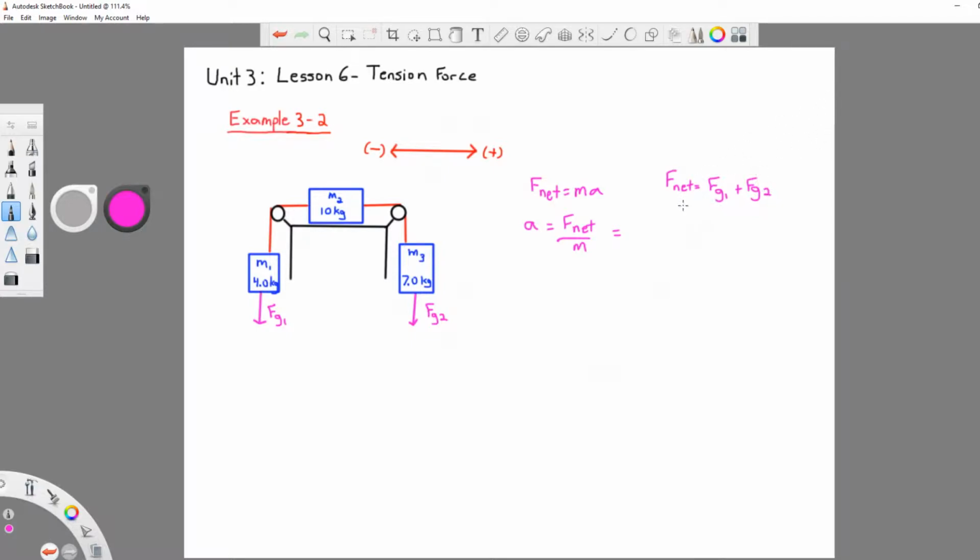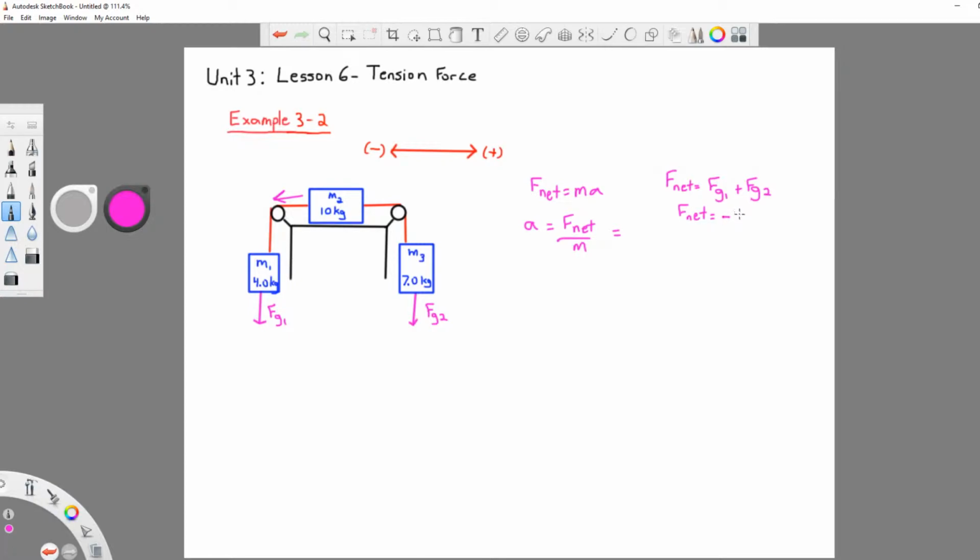Now FG1, they're both pulling down, but if we think of this middle platform as our horizontal value that is going to be representing our direction, FG1 is pulling this thing right out to the left. Its direction just gets changed by the pulley. So I'm going to say FG1 is going to be our negative direction.